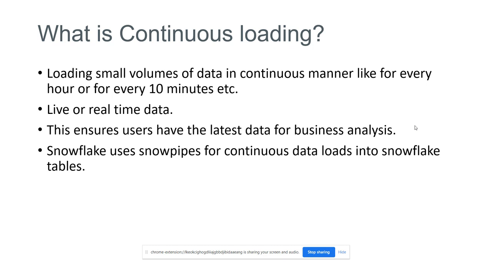Whenever a file appears in that cloud storage location, I want to load that immediately into Snowflake. So for that, Snowflake gives one concept called Snowpipe. Create a Snowpipe, mention your copy command, then whenever the file appears in that external cloud storage location, immediately that file will be loaded into the table. So for that they have designed a concept called Snowpipe. Okay, so let's see in detail about Snowpipe.